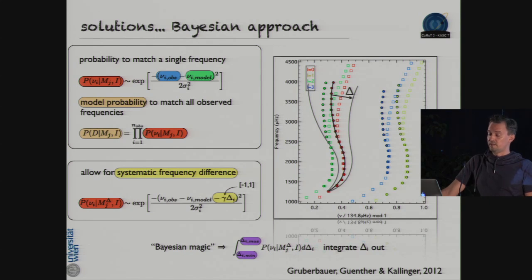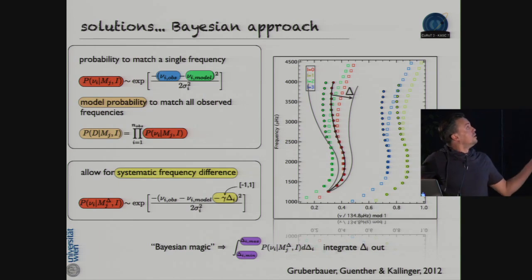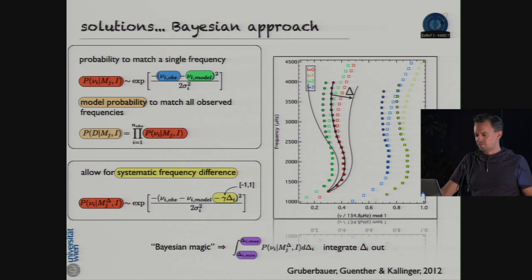If we formulate the chi-square method in a probabilistic sense, we can define the probability that a given mode is matched by the theoretical mode in this first probability, and using the product rule, we can compute a probability that an entire model matches the observations.